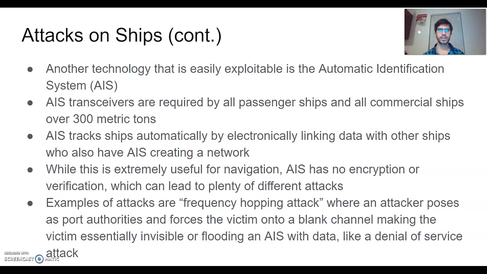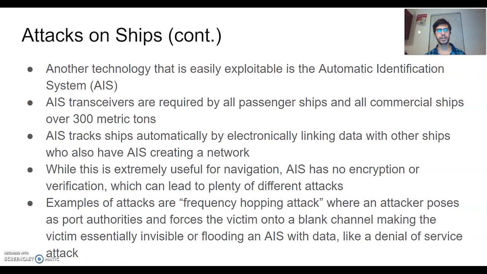Finally, the most exploitable technology aboard these ships is the automatic identification system. This is essentially a way for ships to send out distress signals, or also to keep track of other ships. But there are a lot of attacks since it doesn't have any verification or encryption. An example of these attacks is a frequency hopping attack, where the attacker poses as port authorities and forces the victim onto a blank channel so that the victim can't receive or send out any signals.